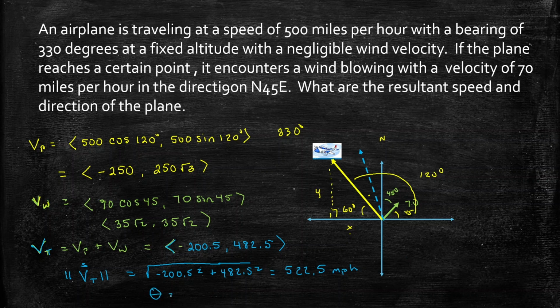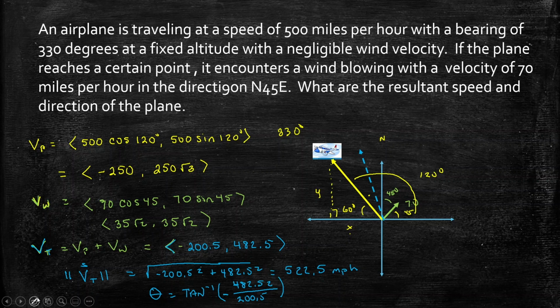Theta is arctangent of the y value, which is positive, 482.5 over 200.5. Now the 200.5 is negative, so that makes my whole thing negative here, right? Because I only have one negative sign. This was the square. I shouldn't have written that in there.